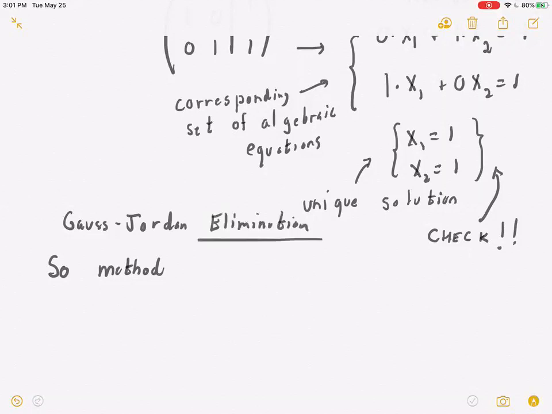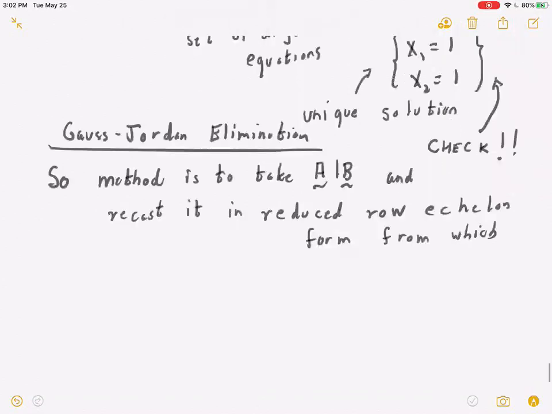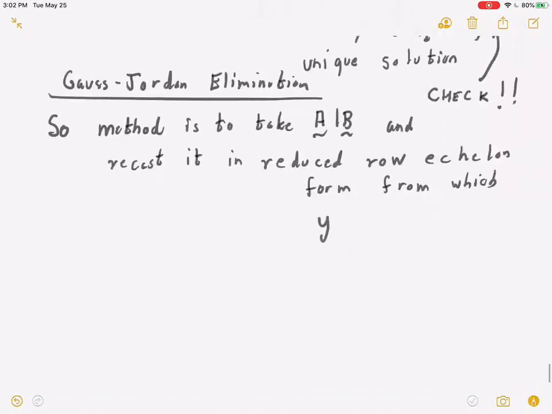The method is to take the original augmented matrix and recast it in reduced row echelon form, from which you can read out the solutions.